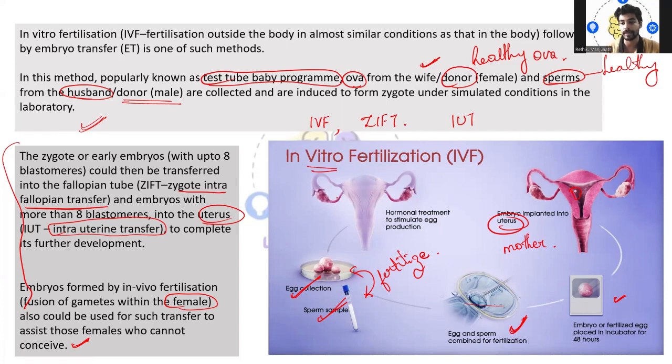Once fertilization happens and the zygote has been formed, you insert it into the uterus of the mother, which is called implantation.